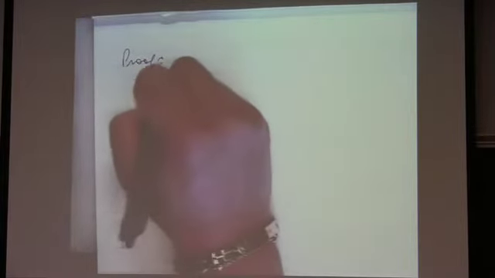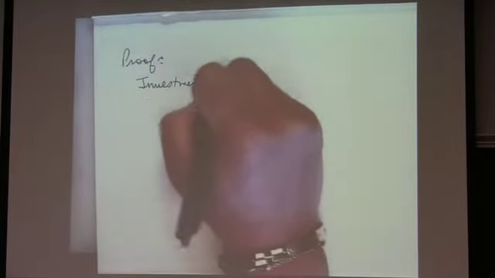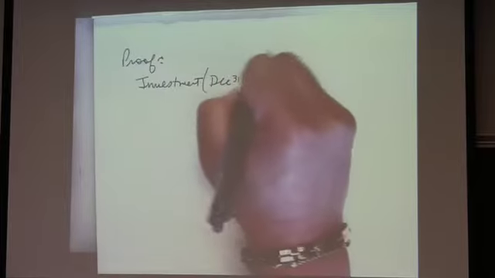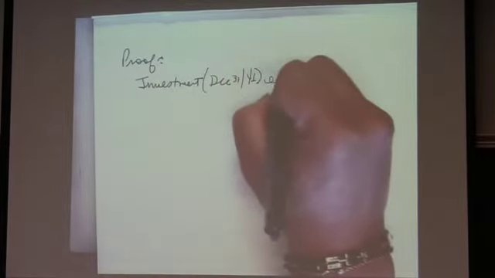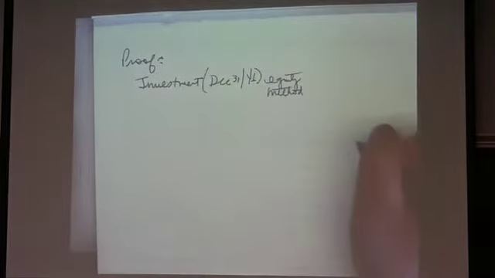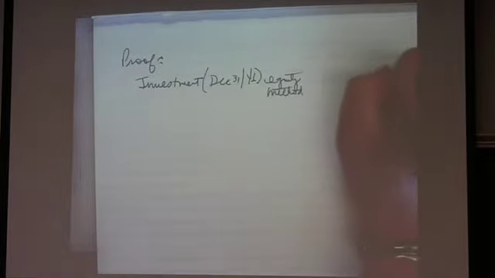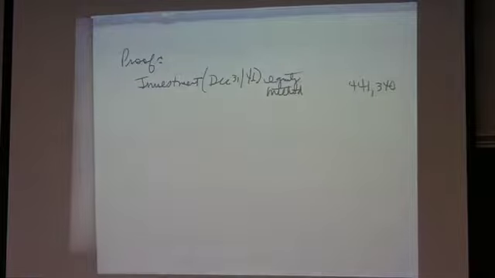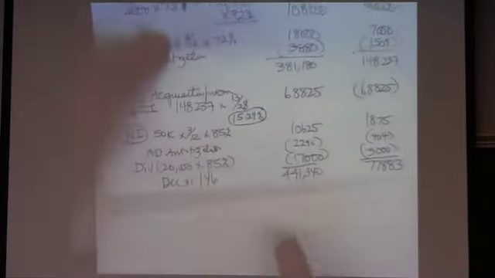So the proof is, we've got the investment at December 31st, year 6, under the equity method. And that is 441,340, which is this number here. We just calculated that.